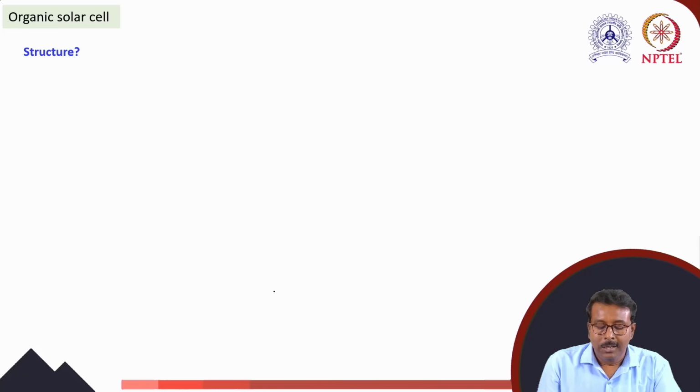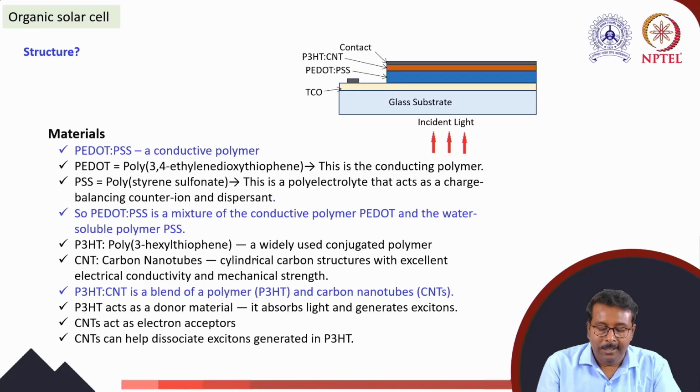Let us see the structure of an organic solar cell. The material PEDOT:PSS is nothing but a conductive polymer. This is a very important active material.